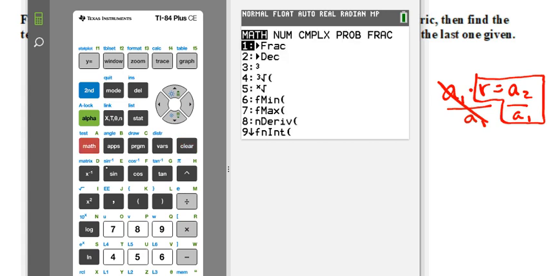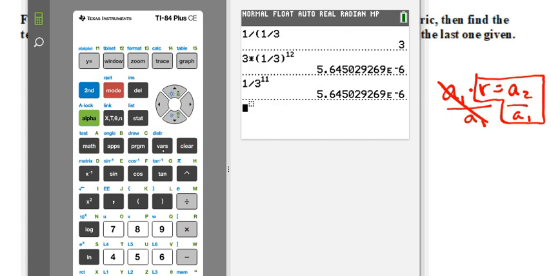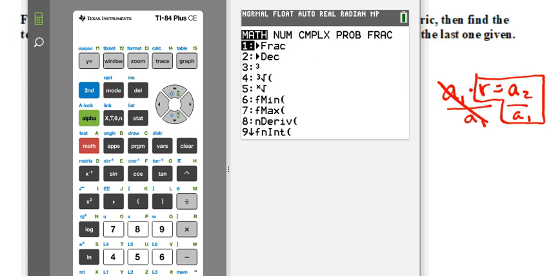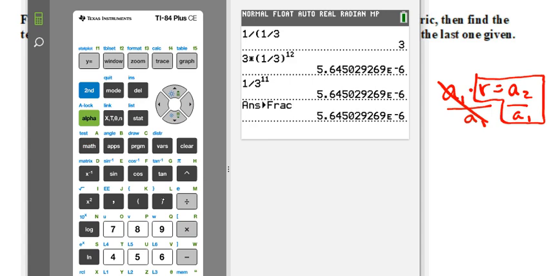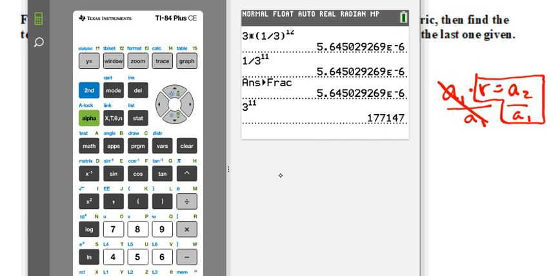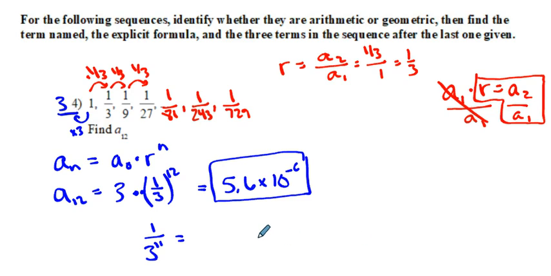If we tried to put it into a fraction, it would simply refuse that request. So let's try: what is 3 to the 11th? We know the numerator is 1, so what's the denominator? It's 3 to the 11th, 177,147. Or 1 out of 177,147. Also the answer. And that's number 4.